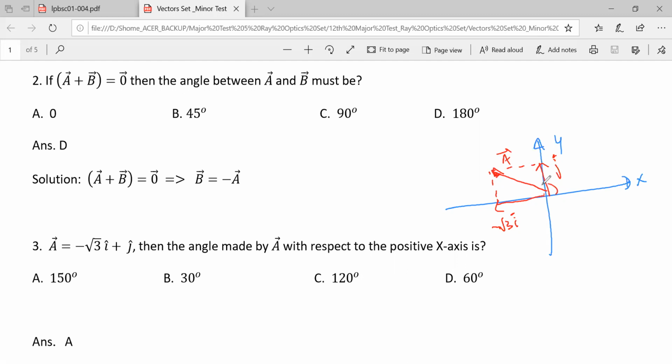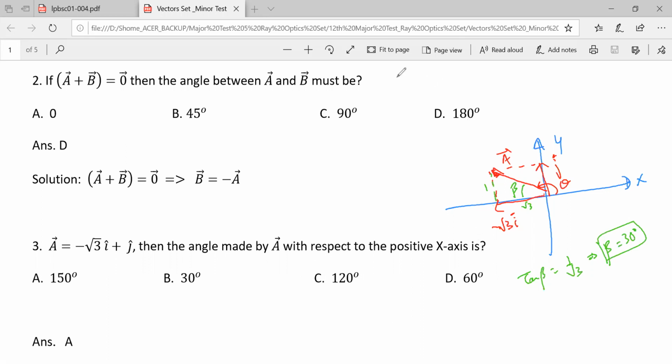So we have to find this angle. You can find this angle by first finding this angle. So tan beta you can see is 1 by root 3, because this side is 1 and this side is root 3. So beta is 30 degrees.